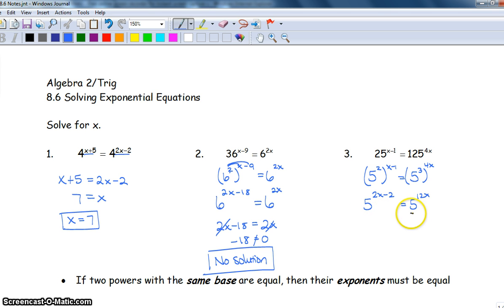Again, in order for these two pieces to be equal, these exponents must be equal. So I set 2x minus 2 equal to 12x. Move the 2x over, and we've got negative 2 equals 10x. Divide by 10, and we get x equals negative 1/5.